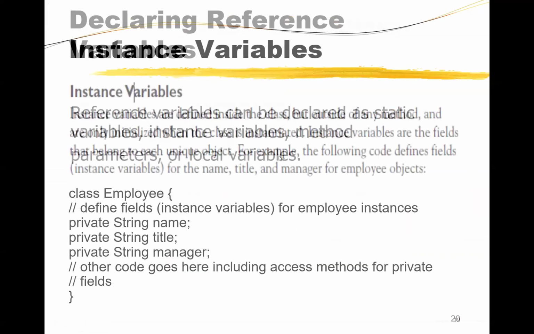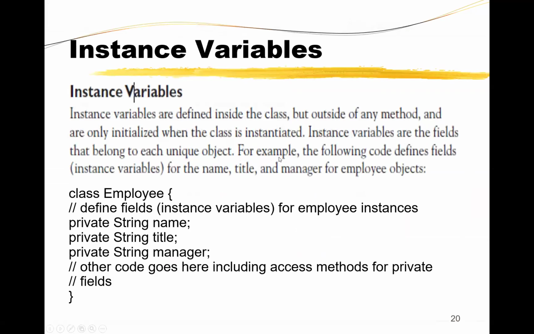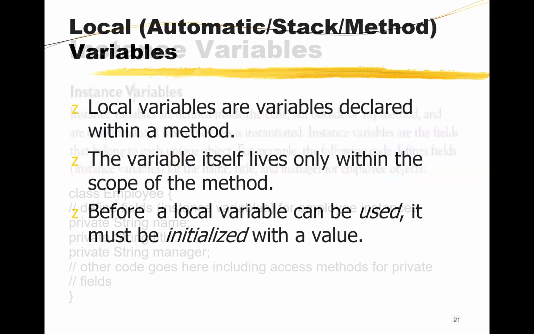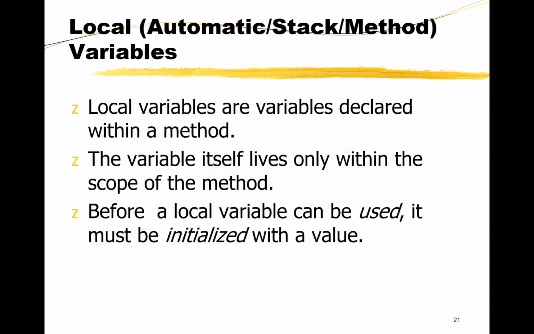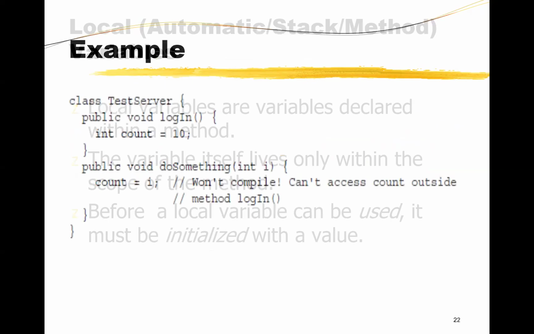Instance variables are the variables declared inside the class outside any method. And the local variables are declared inside a method, and they are only alive within the scope of that particular method. Instance variable values get initialized by the constructor, whereas the local variable values have to be initialized before use. That also we have discussed.